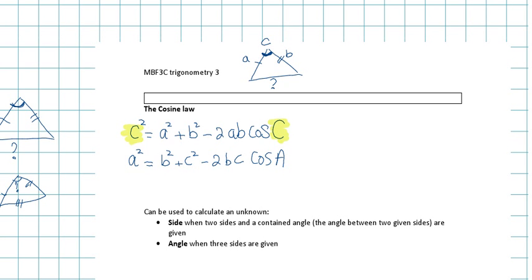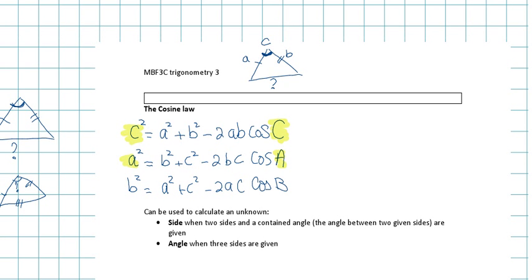They're matching. Do you think you can tell me what would be if you're looking for side B? What would the formula be? AC cosine B. You got it.